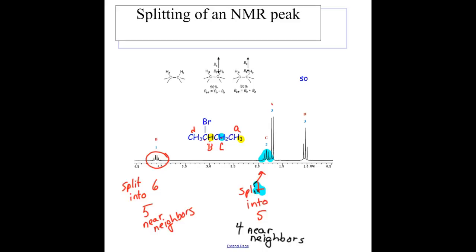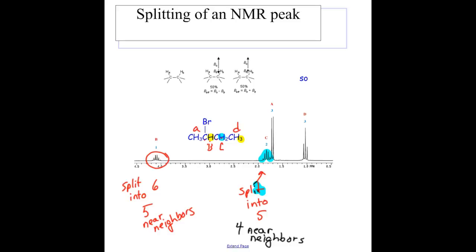I know that my B is surrounded by 5 near neighbors. I know my C hydrogen has 2 near neighbors. Actually, I have A and D backwards.